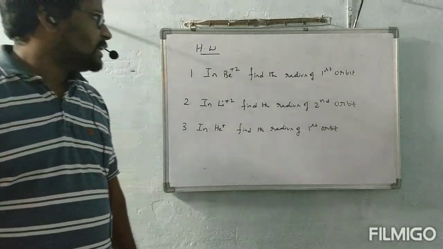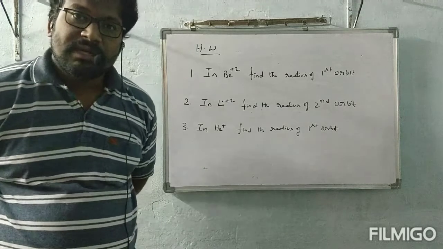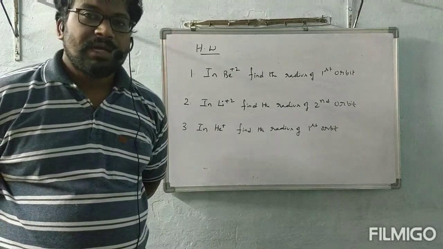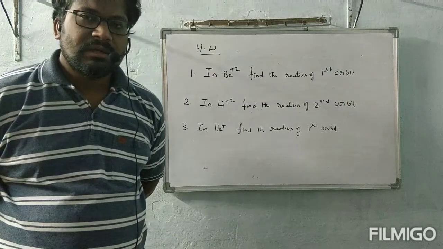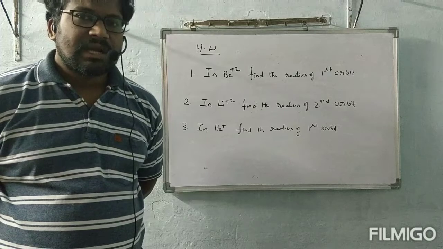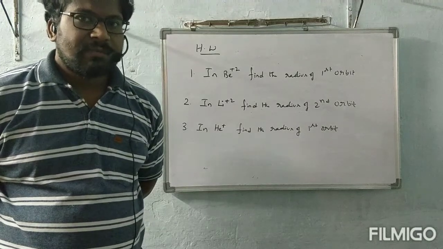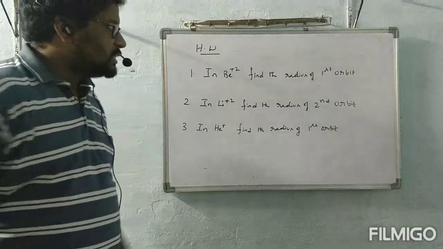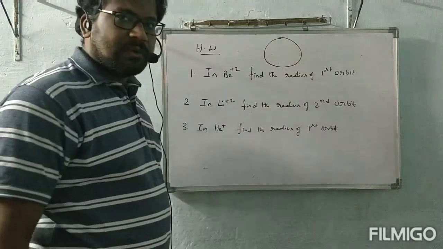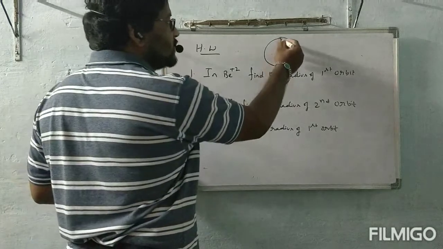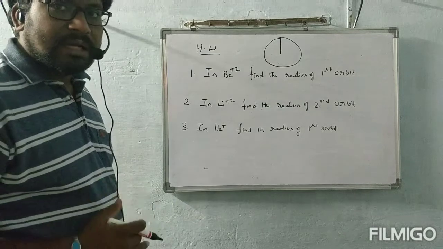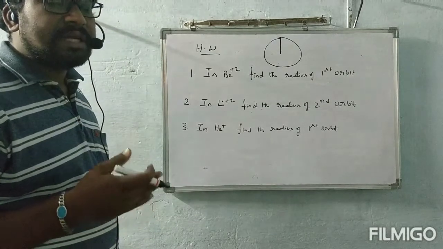This is about the radius of nth orbit. This derivation was given successfully by Niels Bohr without experiment, by doing theoretical mathematical calculation. You can understand how small an atom is. Suppose this is an atom; it is very small, and he is able to calculate half of that distance, that is the radius of the atom.